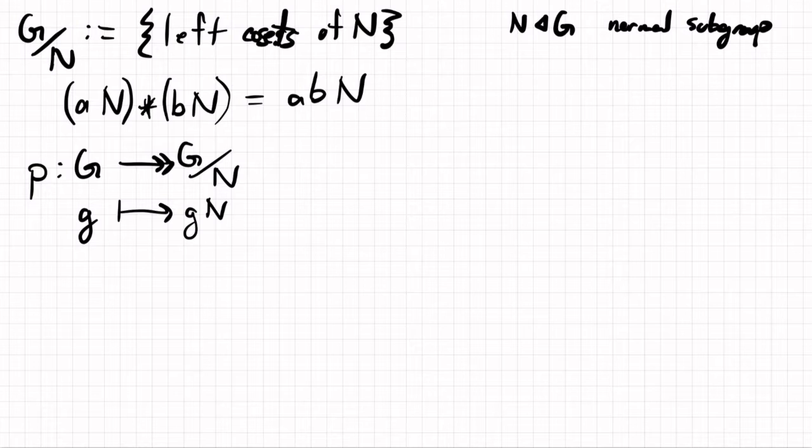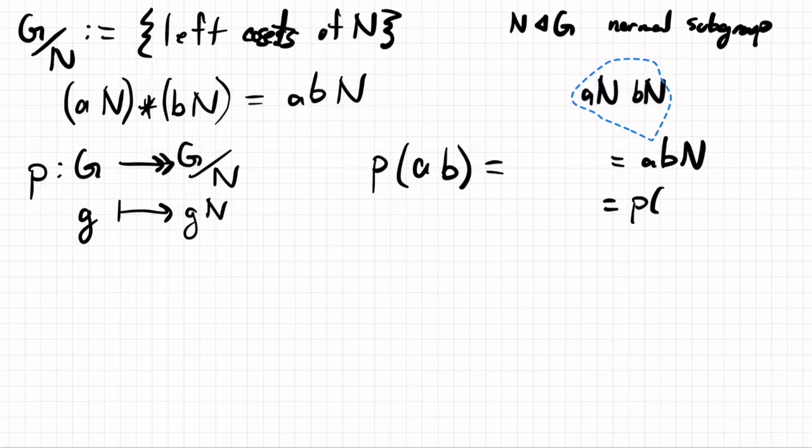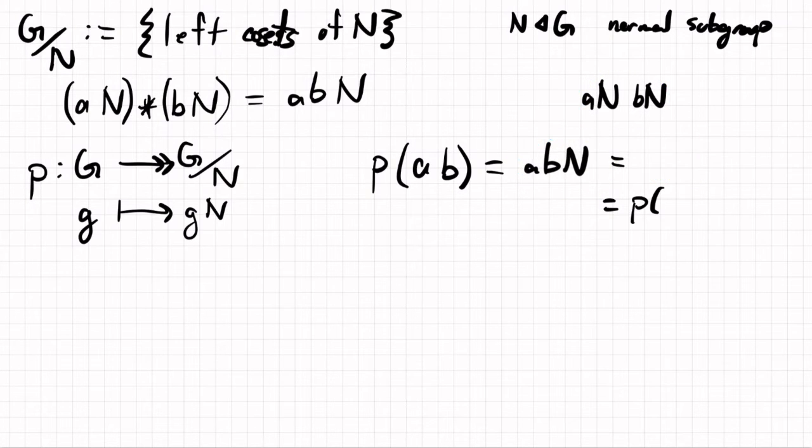And now what we've shown here is that P of a times b, which is aN, bN, well, that's abN. Actually, I did this wrong, didn't I? I should have written it this way. P of ab is abN, because that's the definition of P, right?